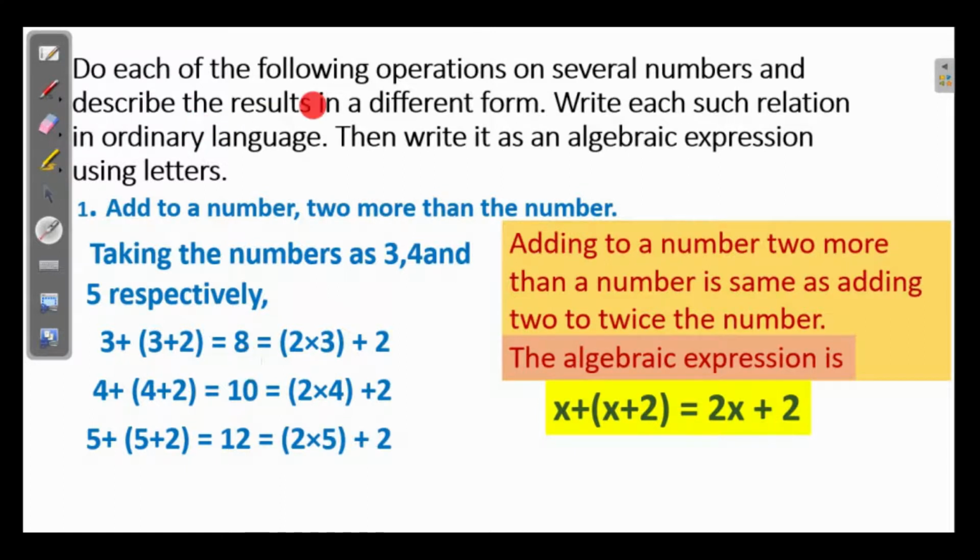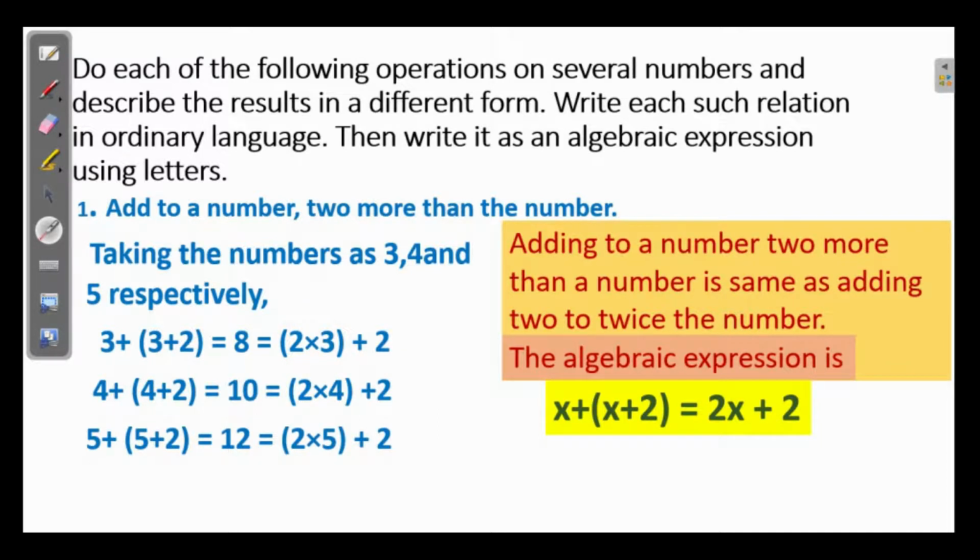Describe the result in a different form. We have to describe it as 2 into 3 plus 2, as we have already seen. X plus 2: a plate of chapati plus 2 more than the plate is equal to 2x plus 2. So 2 into 3 plus 2.